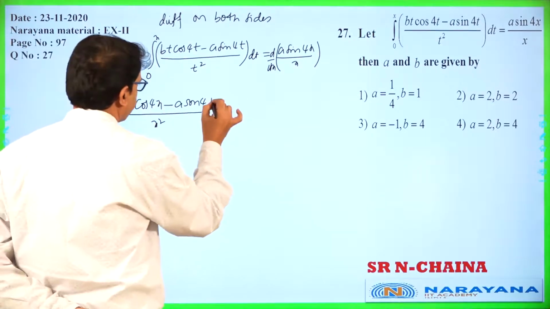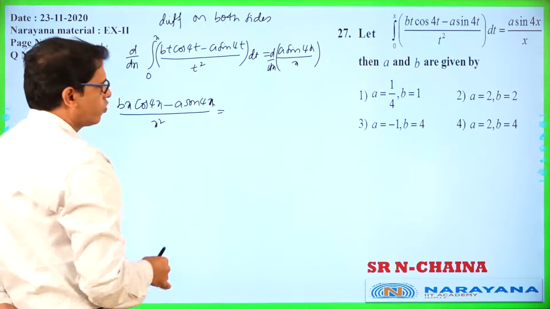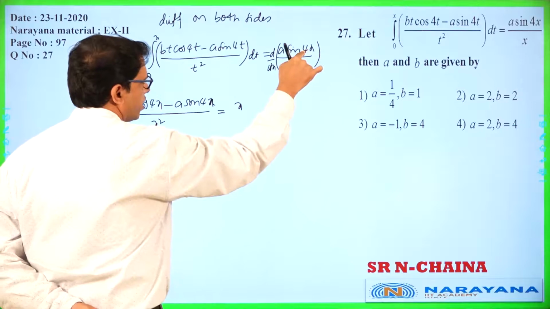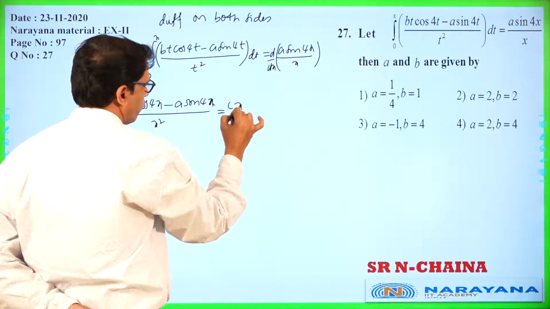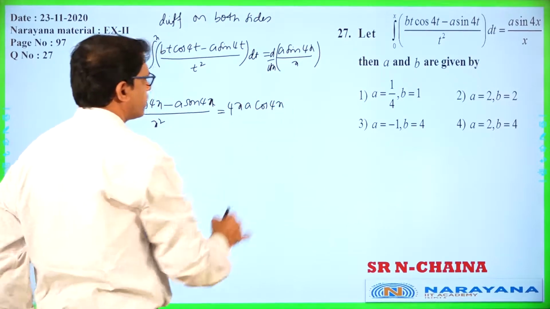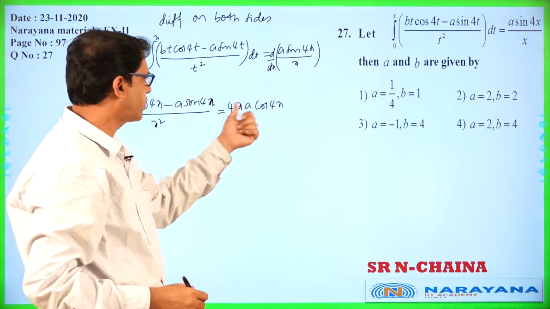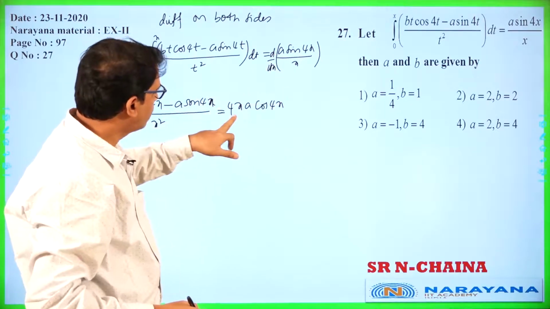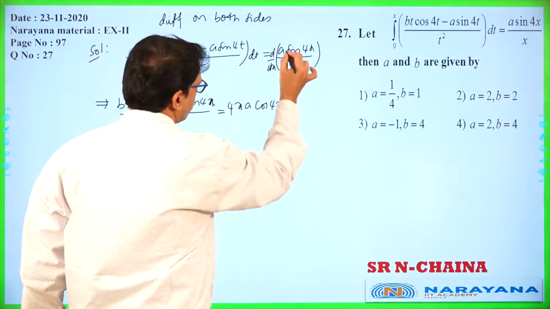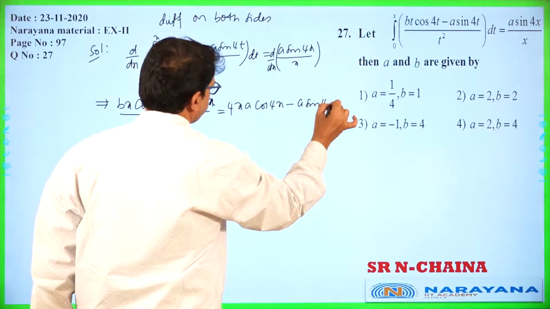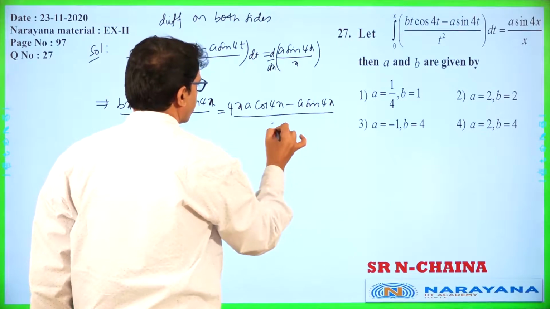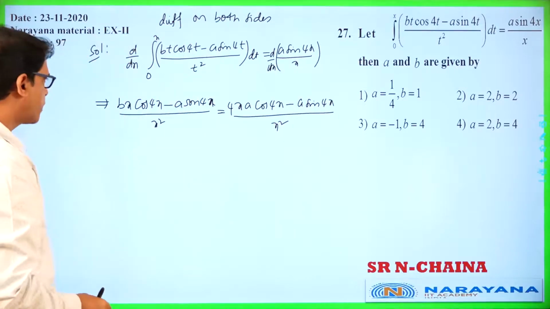Next right hand side, u by v formula: v into derivative of numerator, the derivative of sin 4x is 4 cos 4x, so it is 4ax cos 4x, then minus u into v dash, minus a sin 4x into derivative of x which is 1, over v square, x square cancels out.